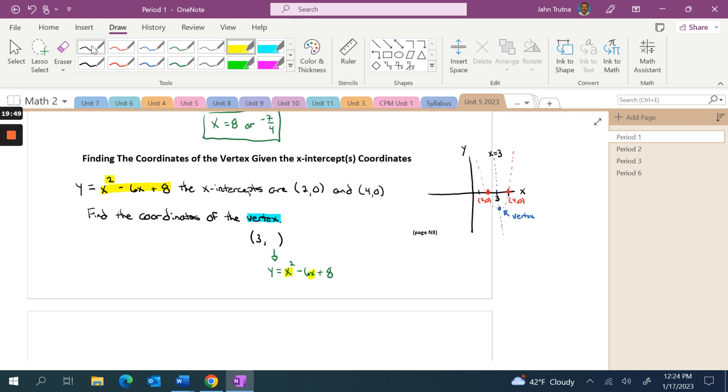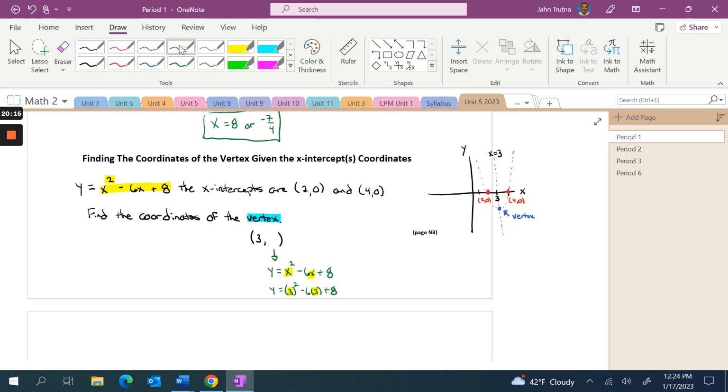So that would make this equation y is equal to 3 squared minus 6 times 3 plus 8. Notice that in the two places where there was an x in the equation, I substituted the value of 3, and the value of 3 was the x coordinate for my vertex.